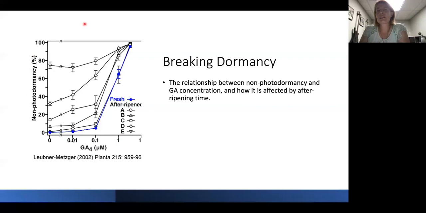So this is, like I said, kind of a crazy graph, but it's really cool that you can see, okay, here are a lot of different things that are acting together that can make it so that the seeds germinate correctly.